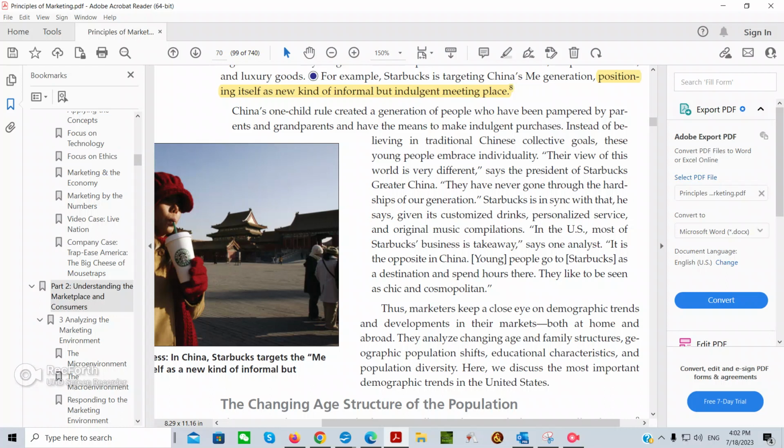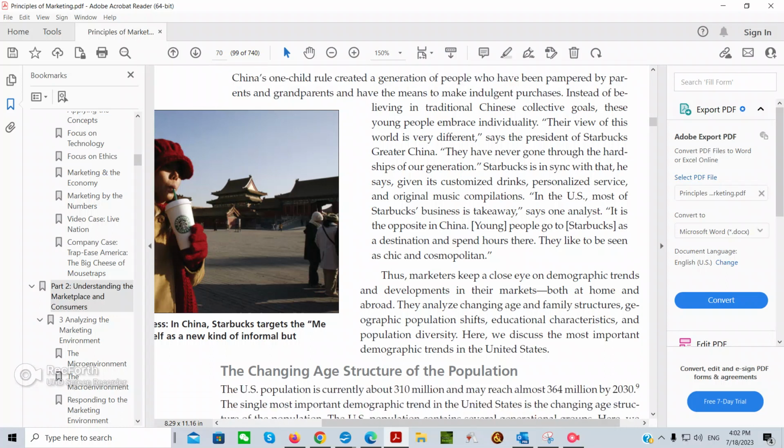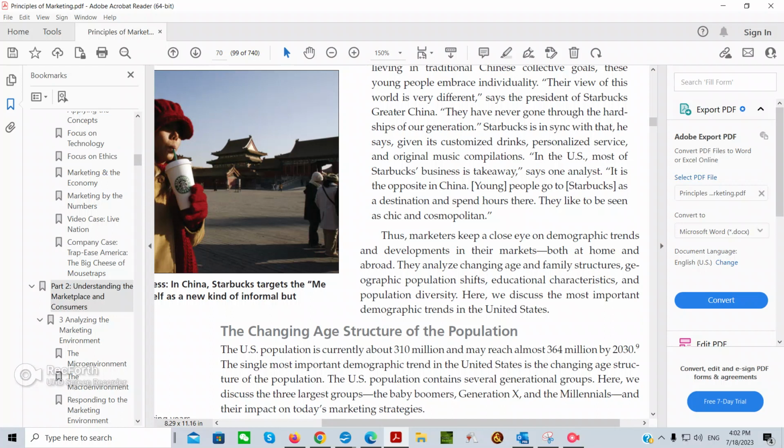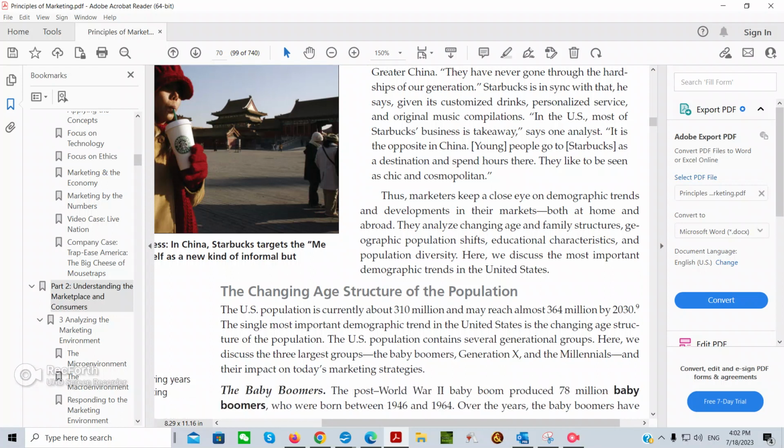They analyze changing age and family structure, geographic population shifts, educational characteristics, and population diversity. Here we discuss the most important demographic trends in the United States. So nowadays in China, it's different than in the US.